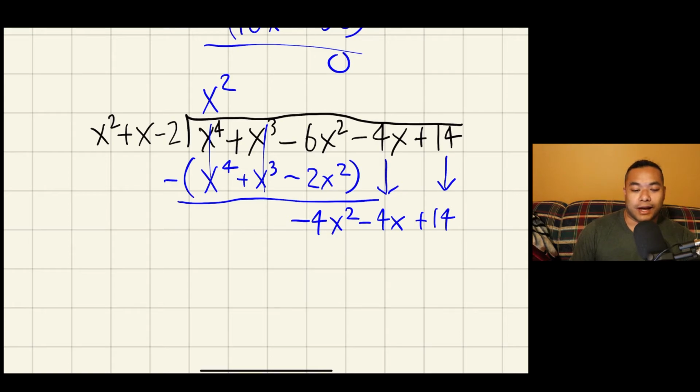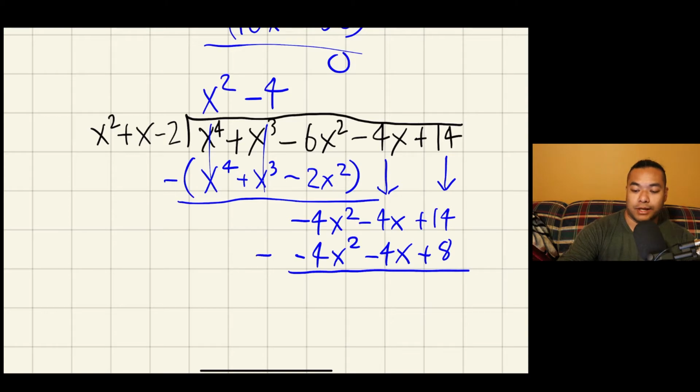So how many times does x squared go into negative 4x squared? Well, x squared times negative 4 would give me negative 4x squared. So negative 4 times x squared is negative 4x squared, negative 4 times x is negative 4x, and negative 4 times negative 2 gives me positive 8.